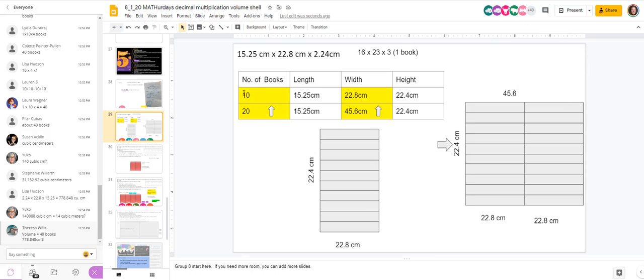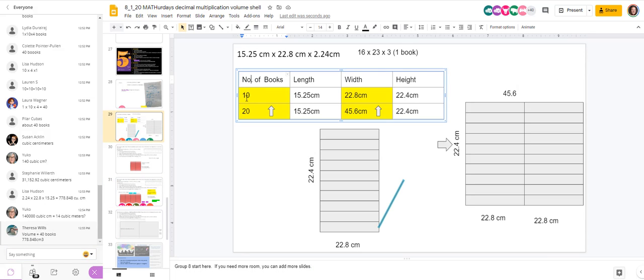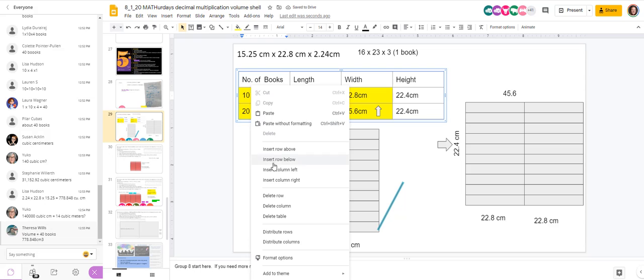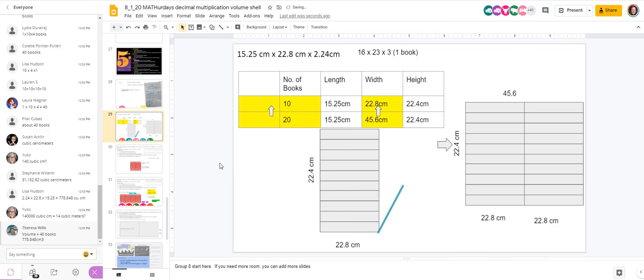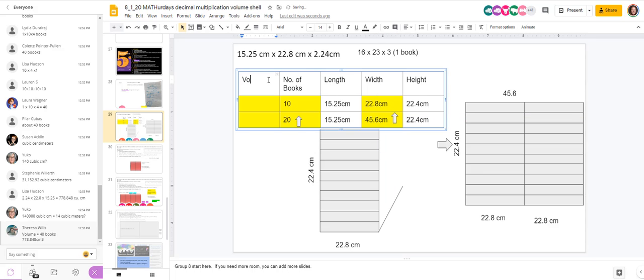On slide 29, they also talk about volume. And they give a volume of 10 and 20. What are the other measurements that are not seen here? The cubic centimeter. The volume. Cubic. Who thinks they can fill that in?